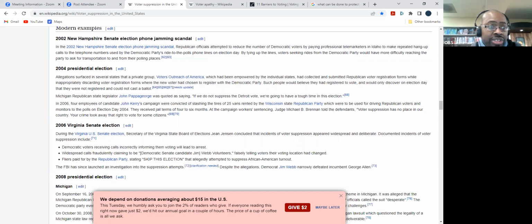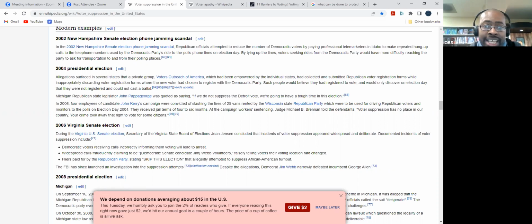Okay, let's see. During the 2004 presidential election, allegations surfaced in several states that a private group known as Voters Outreach of America had collected and submitted Republican voter registration forms while inappropriately discarding voter registration forms where the new voter had chosen to register with the Democratic Party.